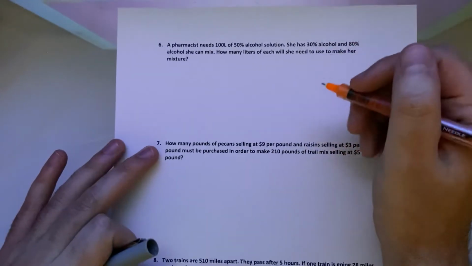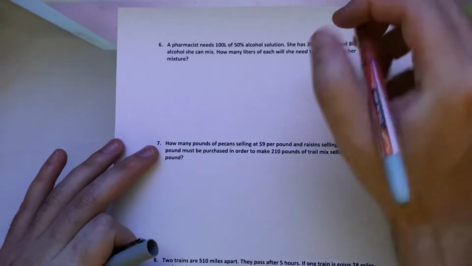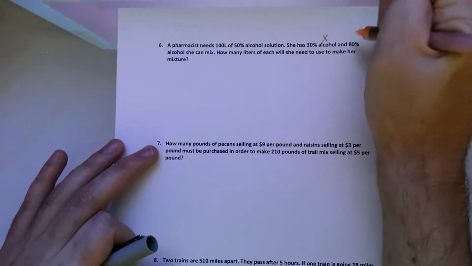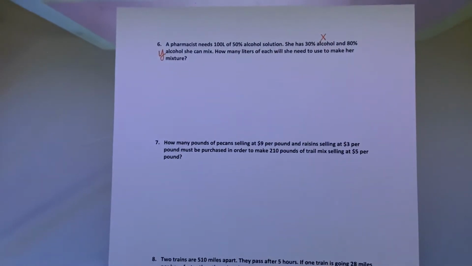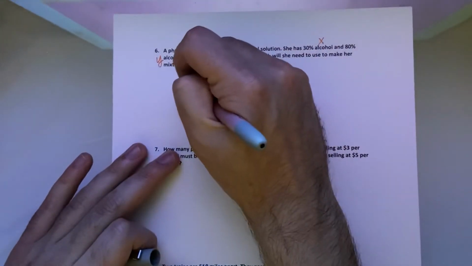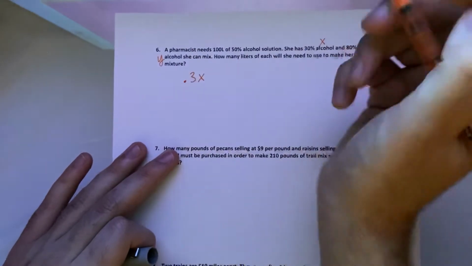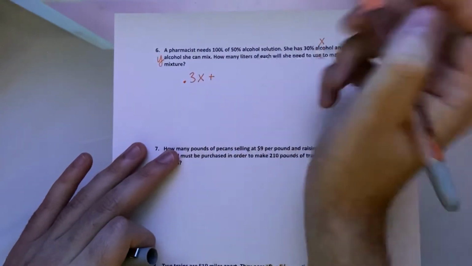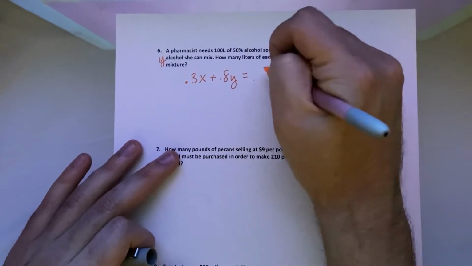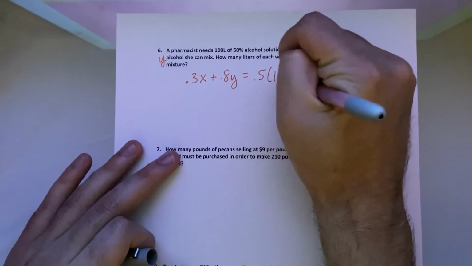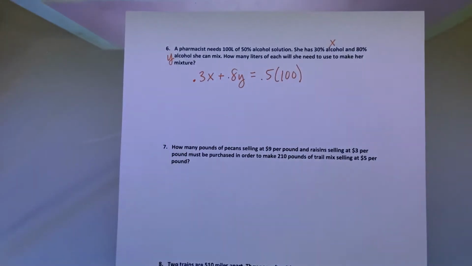We know that if we call the 30% alcohol solution and the 80% alcohol solution x and y respectively, 30% really is 0.3, so 0.3x plus 0.8y needs to make a 50% solution at 100 liters.